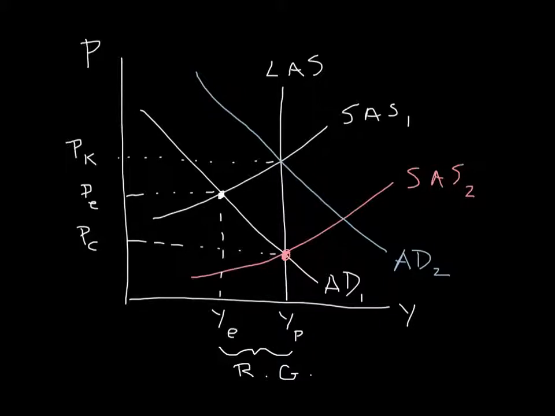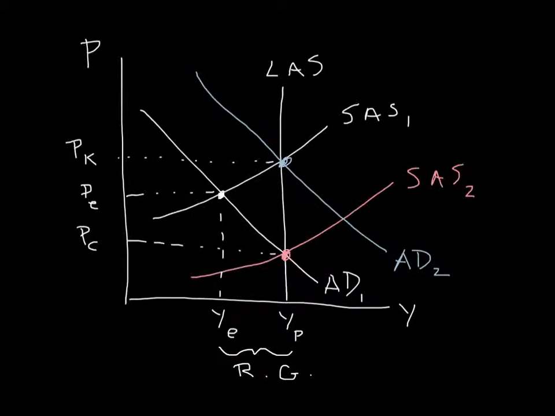So we either are going to use some policy regarding government spending, taxes, or the money supply, Federal Reserve policy, to move our aggregate demand curve. In this case, because it's a recessionary gap, we want to move that curve to the right. And so we're going to end up at this blue aggregate demand curve number 2. Okay? And we'll mark this new intersection here with the blue dot, right? And this is where that would take us.